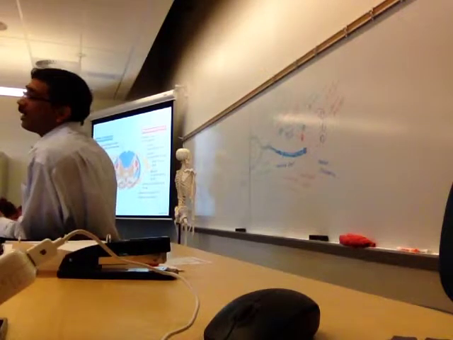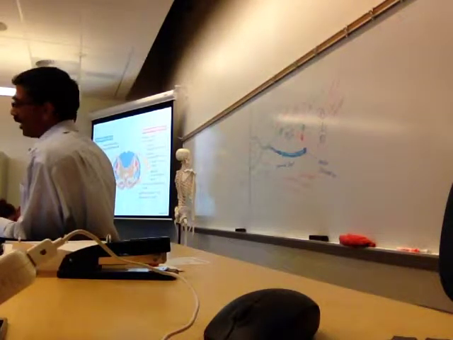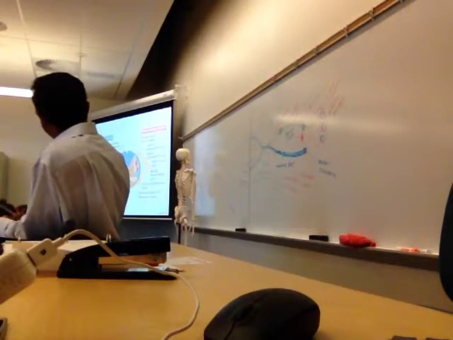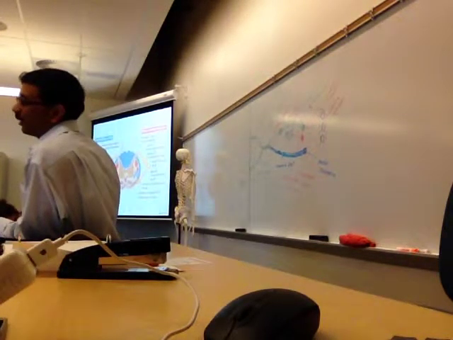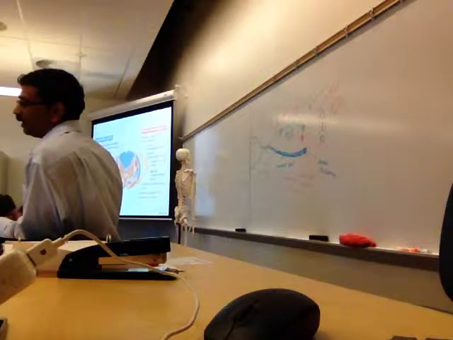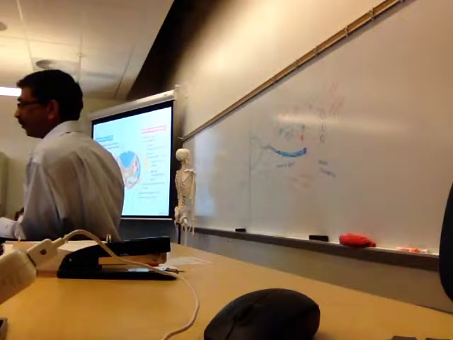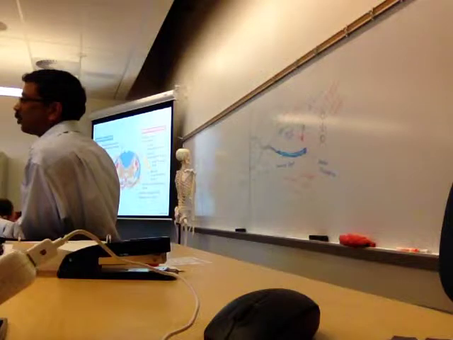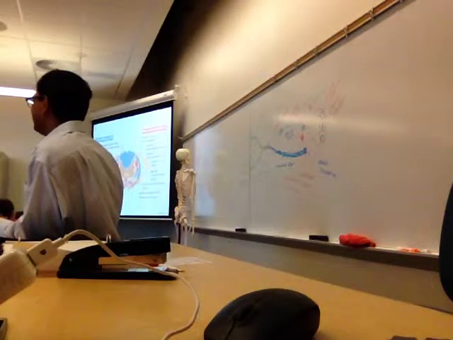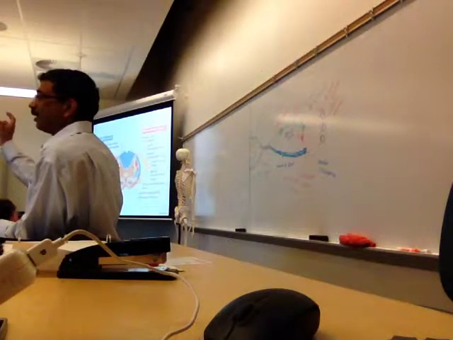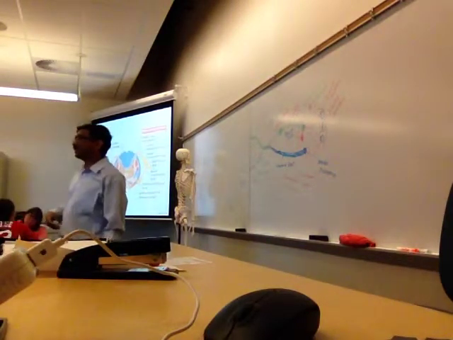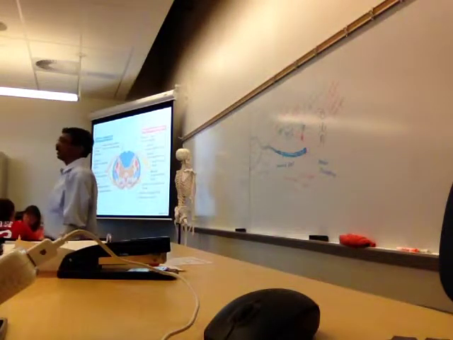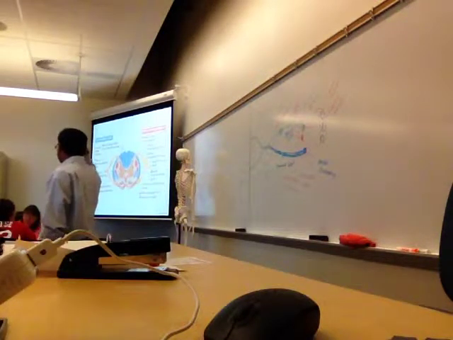Okay, so the important ascending or sensory tracts are, first, spinothalamic. You underline that, spinothalamic tracts. If you just see the name, spinothalamic, that means it is starting where? Spinal cord and going to the thalamus.